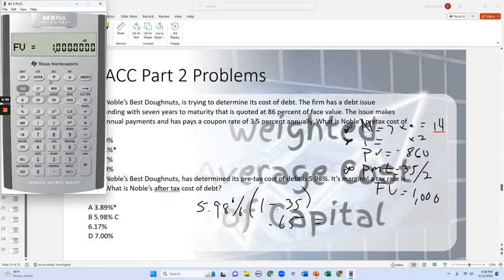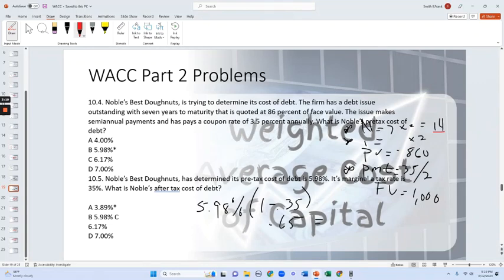So when you put that in and you compute the I, you actually get 2.998. But that also is twice a year, not just once, so when you multiply that by 2, you end up getting 5.9768, or essentially 5.98%.